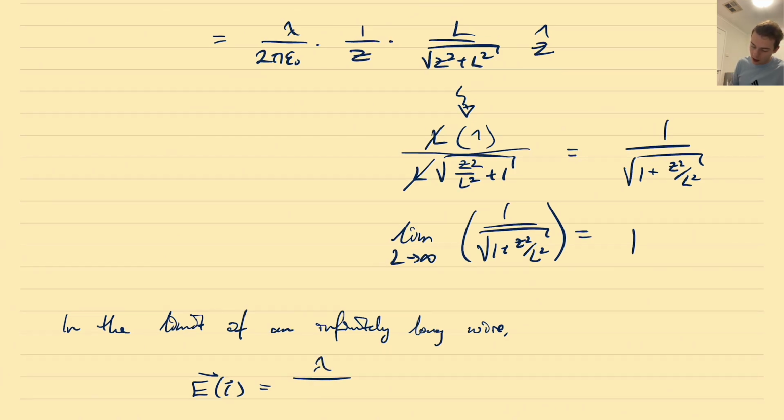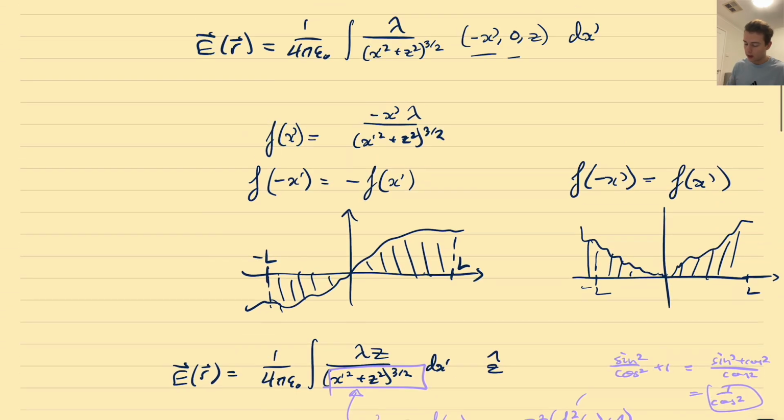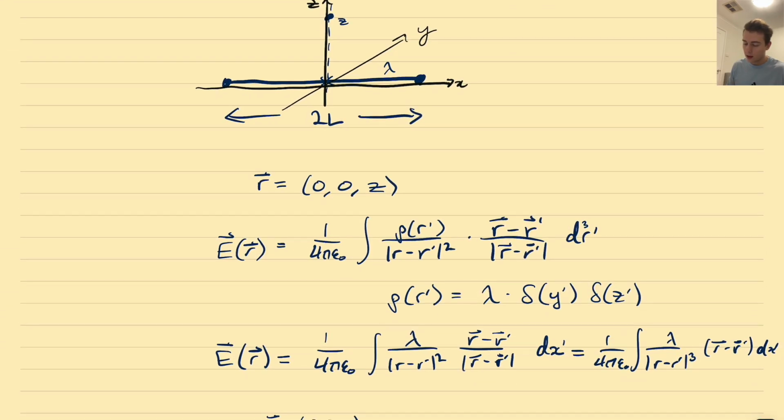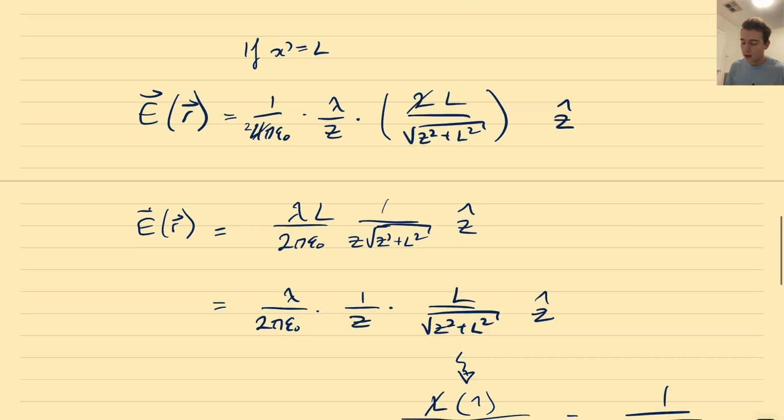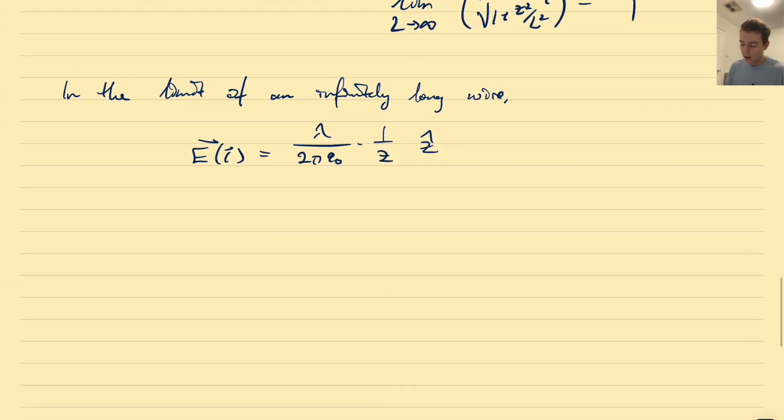Let's not forget that. It has the magnitude lambda over 2 pi epsilon 0 times 1 over z, in the z direction. And there you go. Pat yourself on the back. You've now found the electric field of a wire of length 2L, as well as the limiting case of an infinitely long wire.